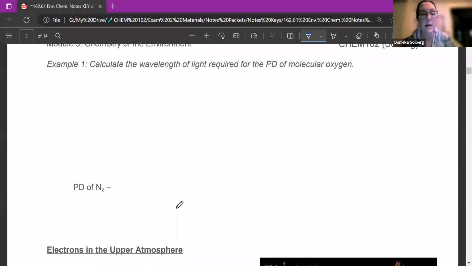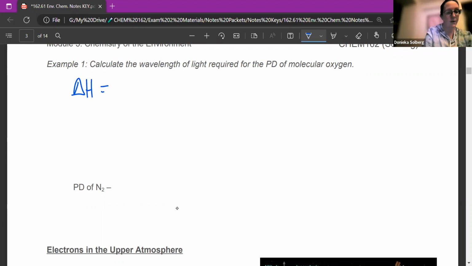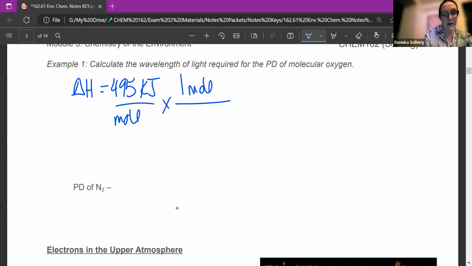Say, calculate the wavelength of light required for the photodissociation of molecular oxygen. Well, I know that the delta H for this reaction, because I told you before, is 495 kilojoules per mole. I can't use the energy equation or the speed of light equation unless I'm talking about one particle. So I'm going to convert this to energy per particle. 1 mole has 6.022 times 10 to the 23rd molecules.